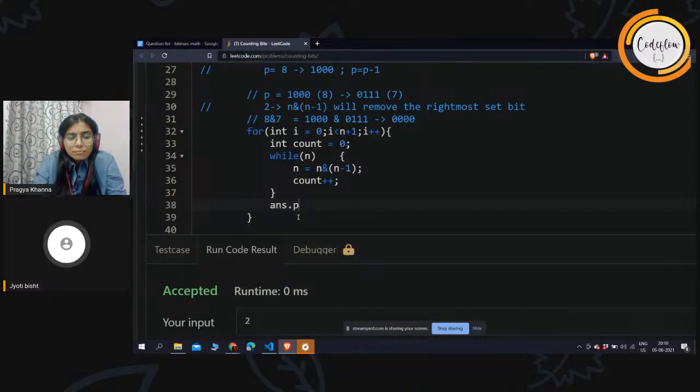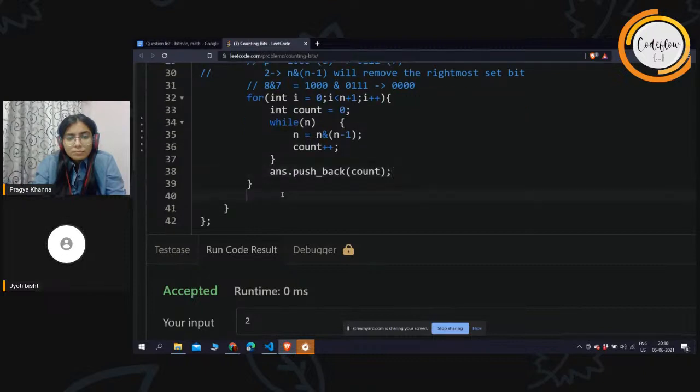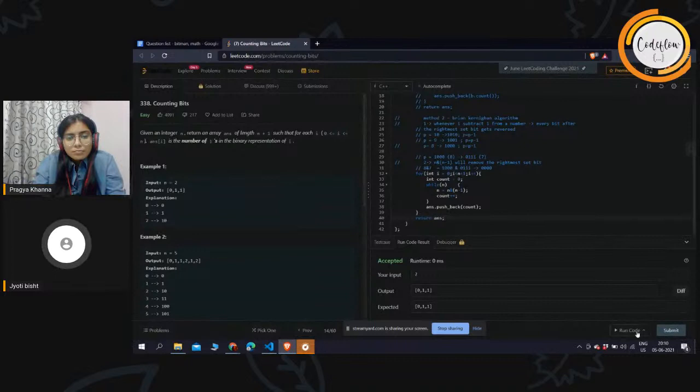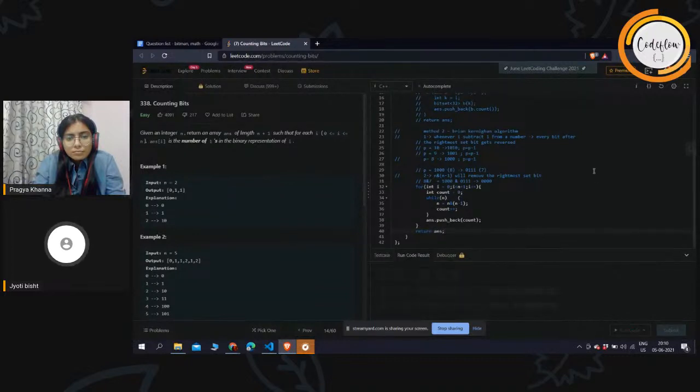If you don't know vectors, guys, I highly recommend you should read about vectors, because come on, without vectors I don't know if C++ is any powerful tool. So this is the only thing that you need to remember about Brian Kernighan algorithm.